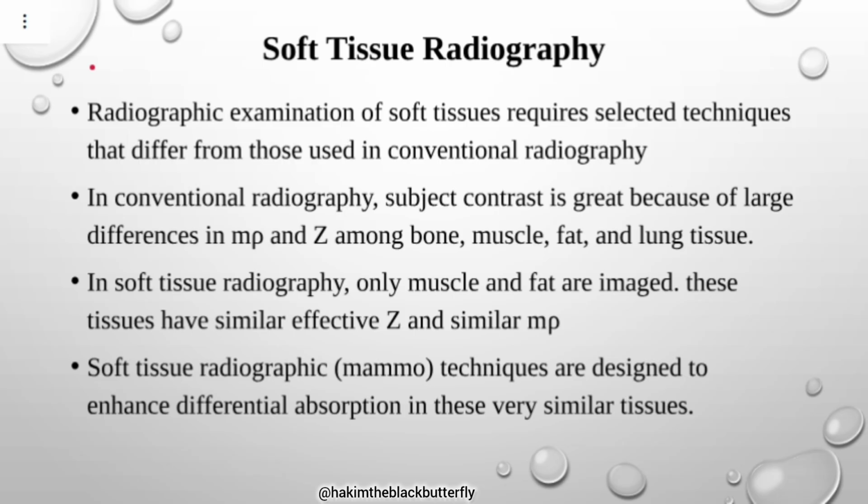But when you use conventional radiography on the breasts, you cannot see a difference, because a breast does not have any bone. It is just composed of fat, muscle, and glandular tissues, which have densities almost close to each other.